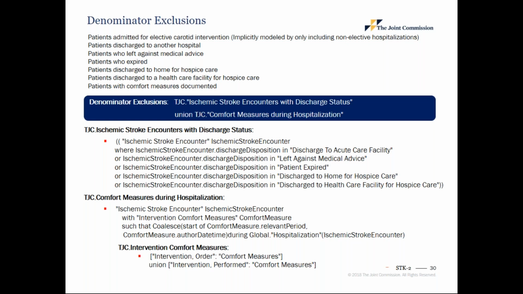So our definition for denominator exclusions rolls up to being ischemic stroke encounters with discharge status, union, comfort measures during hospitalization. So to note, union in this instance means or, so a patient can meet either one of these definitions to satisfy the denominator exclusion.